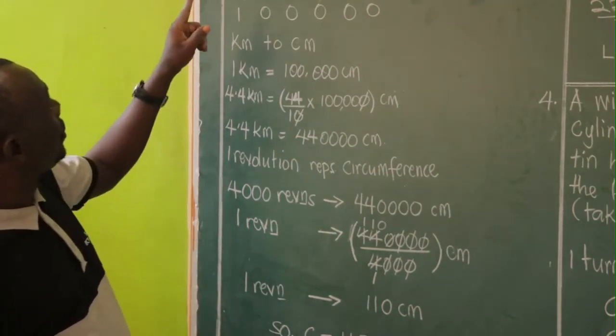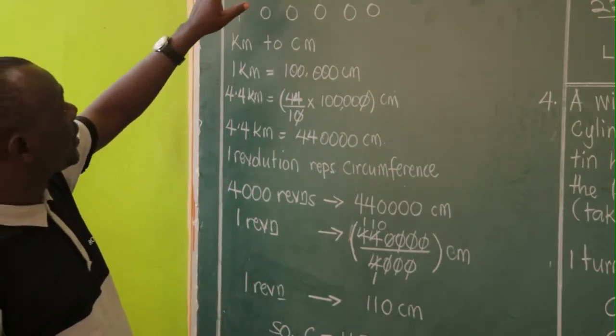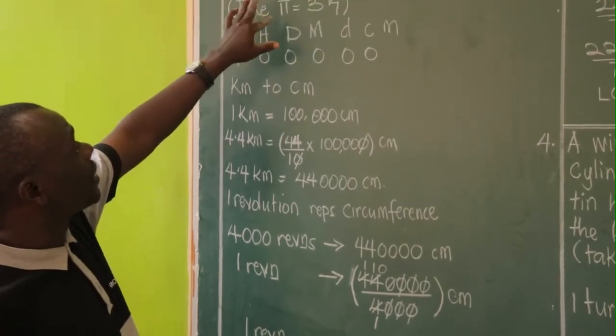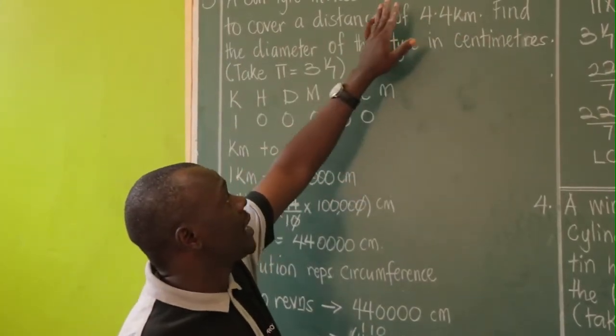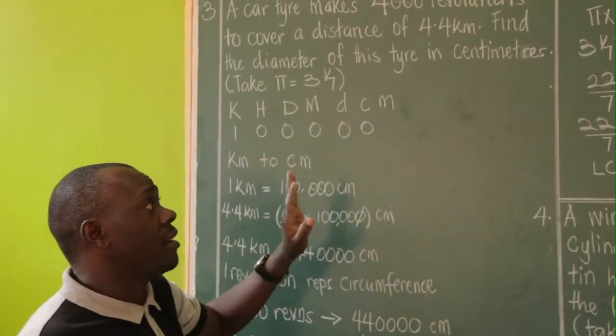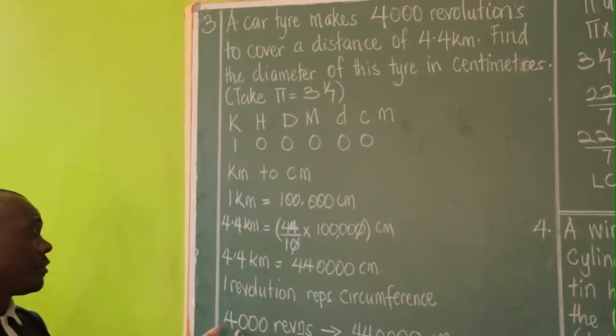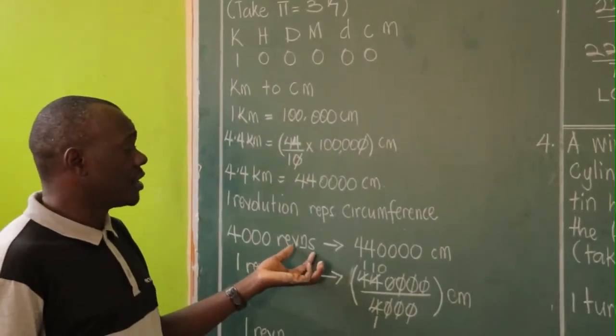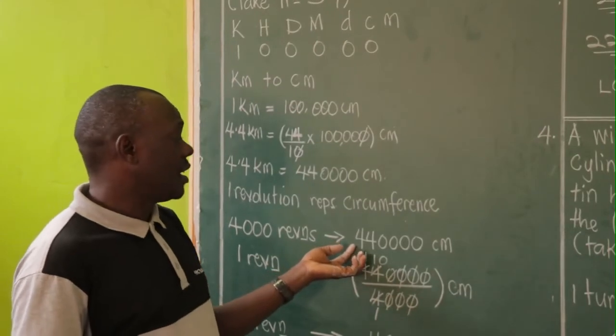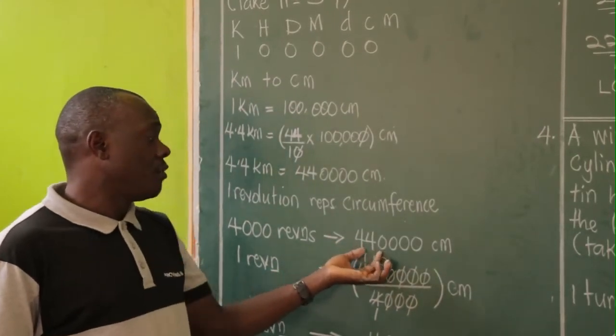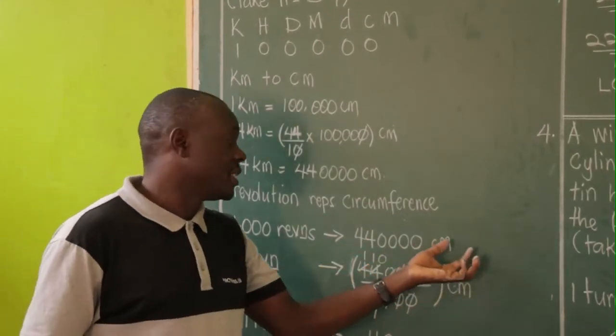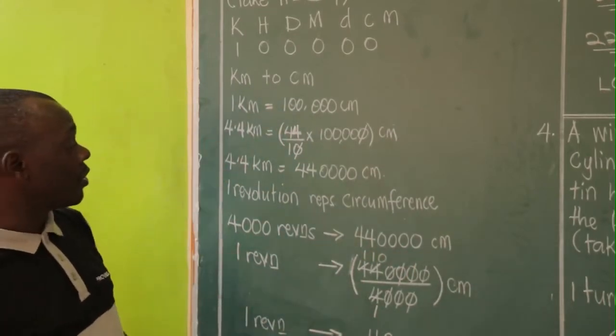But you have read the question telling you that the entire 4.4 kilometer journey was covered in 4,000 revolutions. That's why you say 4,000 revolutions represent the entire journey of 440,000 centimeters, which we converted from 4.4.